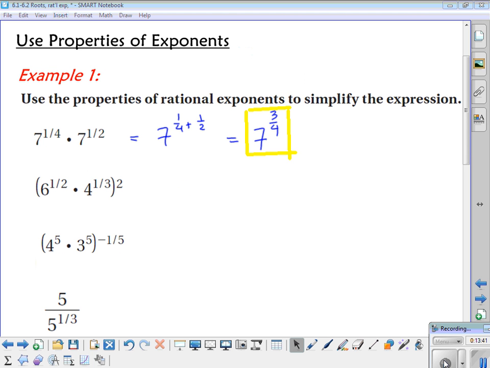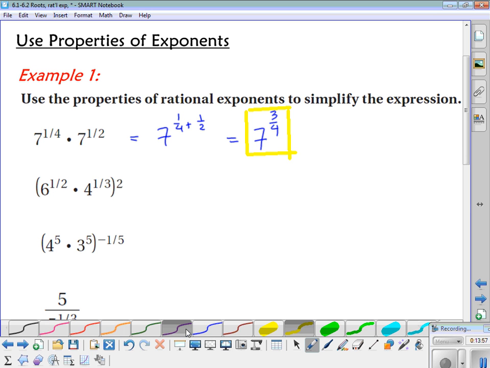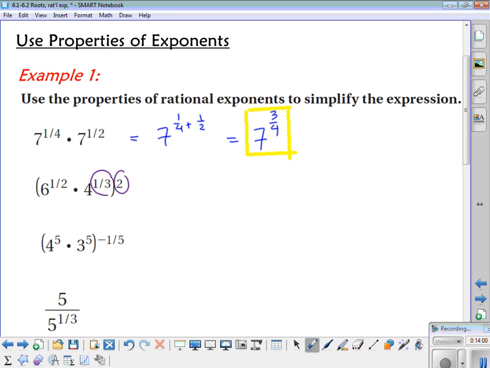Okay, so for the next one, I've got two powers being multiplied, but then they're being raised to the second power. So when a power is raised to a power, then what do I do with the exponents? What am I going to do with the 2 and the 1/3, say? I have to multiply them now.